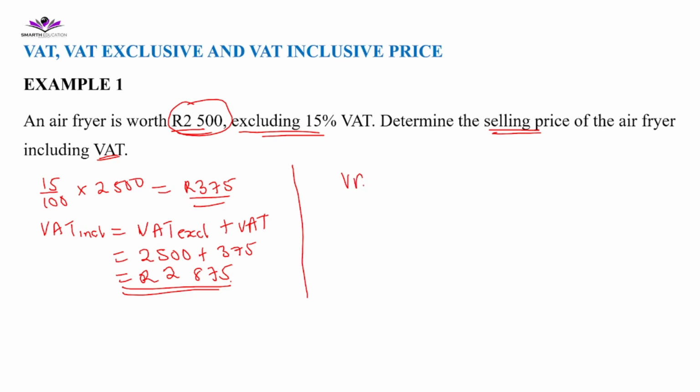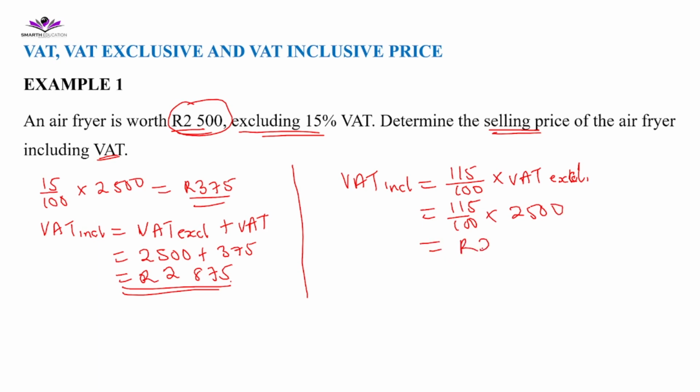I said VAT inclusive price is equal to 115 over 100 times VAT exclusive price. Or you can say 1,15 times VAT exclusive price, and then say 115 over 100 times 2,500. Then you're getting the same amount, which is 2,875.